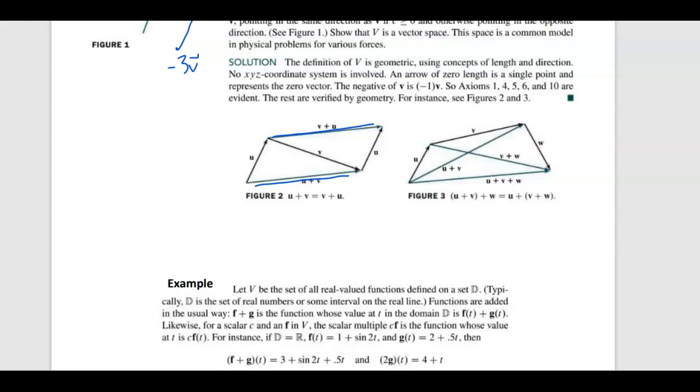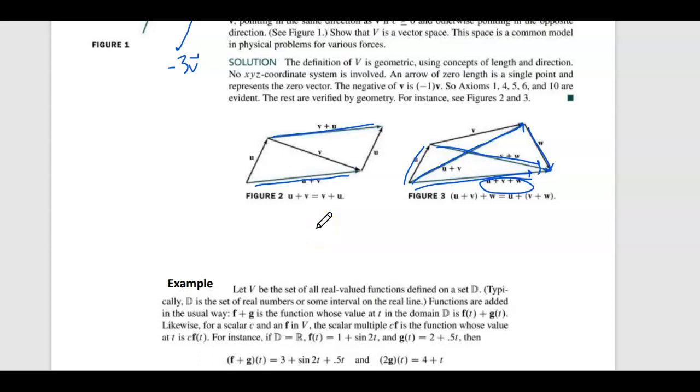Now here, if you add u plus v and then add w, u plus v is here, and then add w to it, you get that. But if you take u and add v plus w to it, you get the exact same vector, equal to whatever it is without parentheses. So we can see that here.